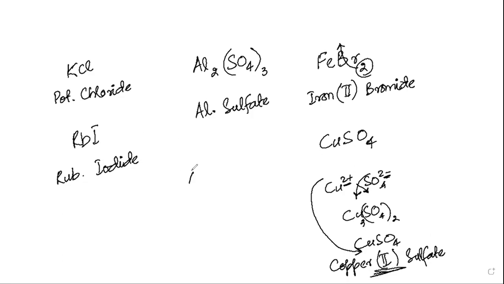For example, let's not go with that. Now PO4 is phosphate ion, Co is cobalt.